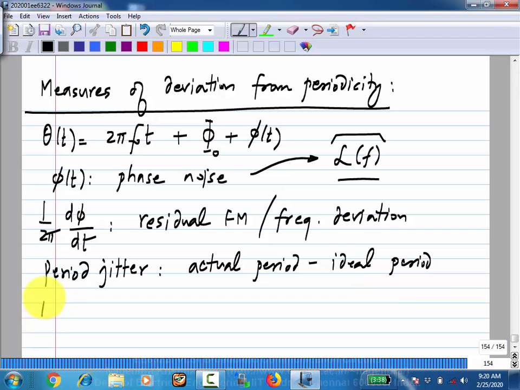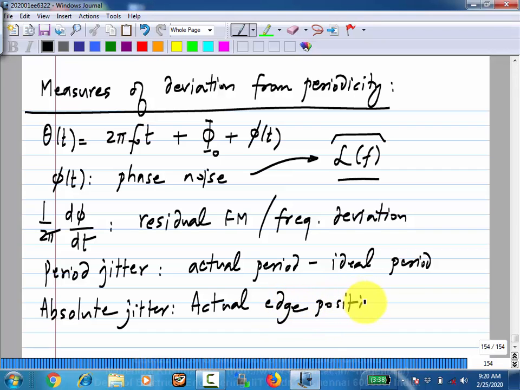And then you have absolute jitter, which is what we have considered earlier. This is actual instants of crossing those intervals of 2 pi minus the ideal instants where you cross that 2 pi. It's easier to just say actual edge positions minus ideal edge positions.